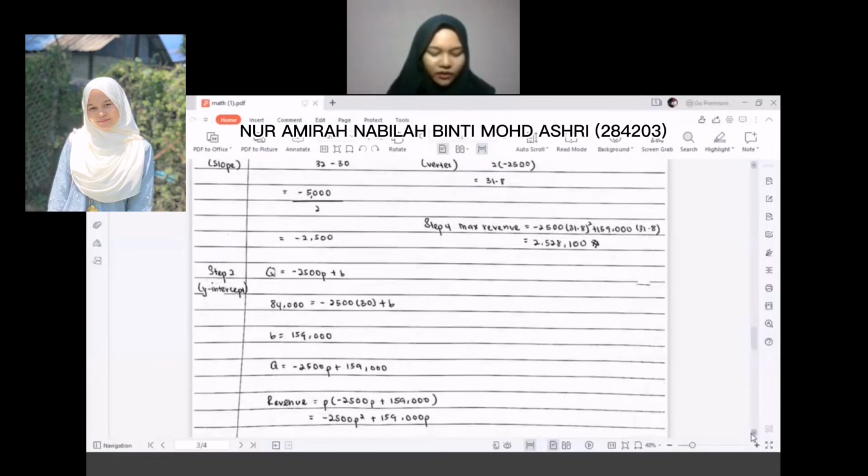We can then solve for the y-intercept, where Q equals negative 2,500 P plus b. Then we substitute in the point: Q, which is 84,000, equals negative 2,500 times 30 plus b. Then we get b to be 159,000.